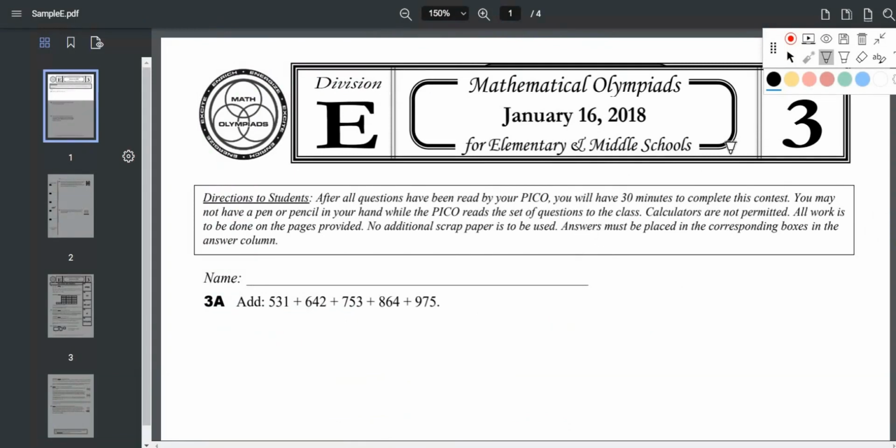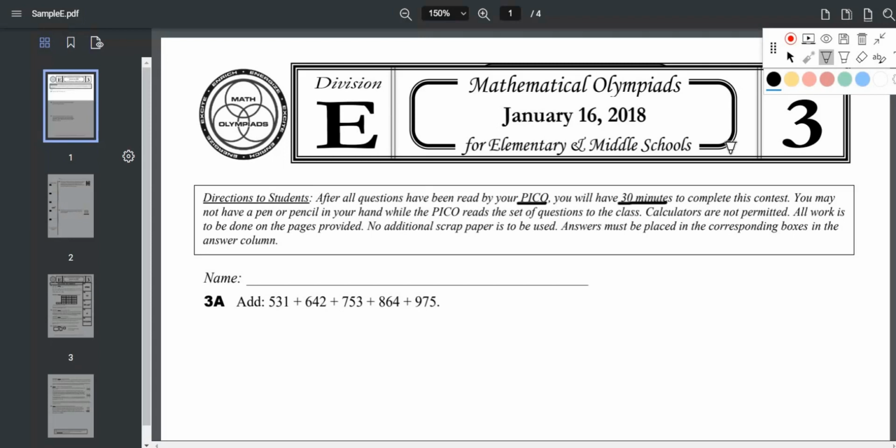First let me read out the instructions given to the students. After all questions are read by the PCO, that is the person in charge of conducting this Olympiad, the student will have 30 minutes to answer the question paper, and this question paper has exactly 5 questions in 30 minutes.